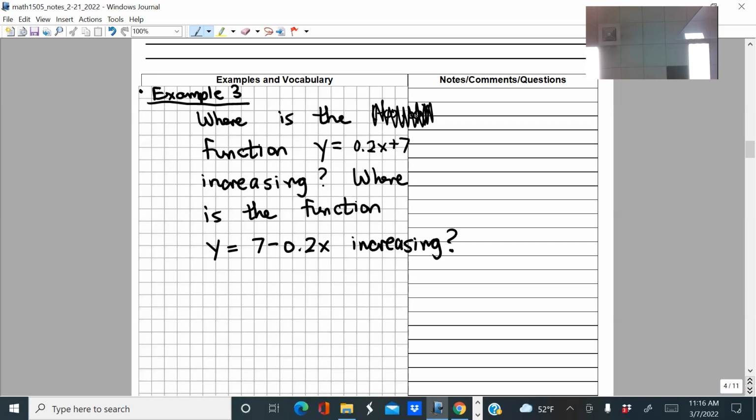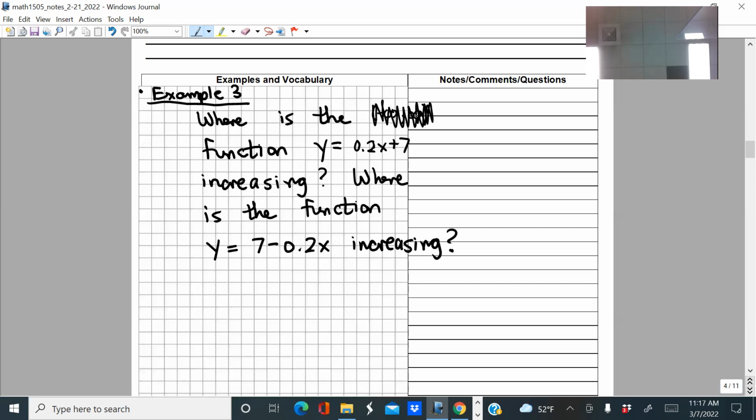It's kind of a trick question. The way to do it is to visualize the graph in your head, without actually drawing it.